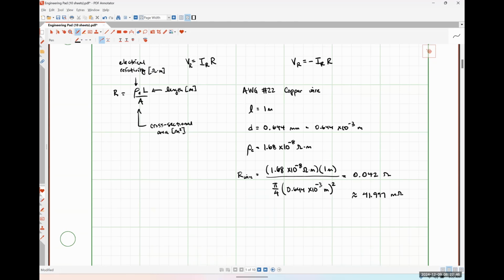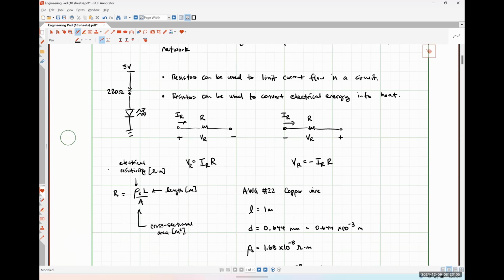So a 1 meter long section of the wire that we've used in our previous classes, and we're going to be using 22 gauge wire for anything we do in this class as well, has a resistance of 41 or close to 42 milliohms. How does that compare to the smallest resistor that you guys used in your previous classes? Well, it's right up here, right? So how does 42 milliohms compare to 220 ohms? It's thousands of times smaller, okay?